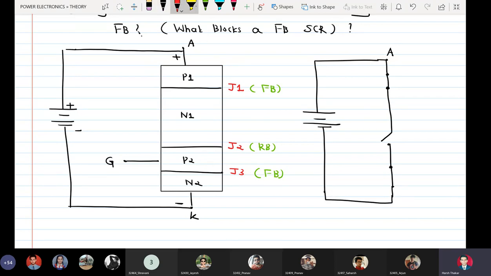So we have J1 equal to forward biased, J3 equal to forward biased, and J2 equal to reverse bias. So there is no current conduction possible here. Okay.